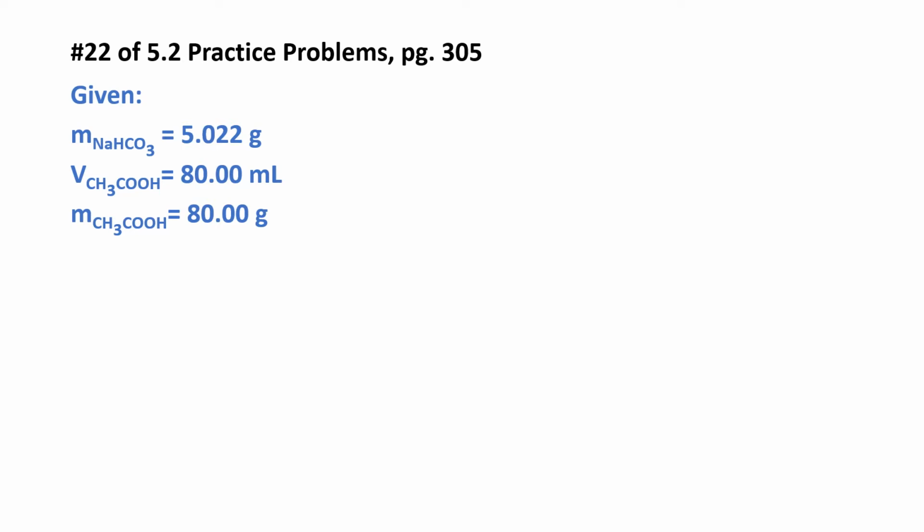So 80 mL of water would weigh 80 grams, and then 80 mL of this dilute acetic acid solution would weigh 80 grams. We are also able to calculate delta T, which is the final temperature minus the initial temperature. That's 28.4 degrees Celsius minus 18.6 degrees Celsius, which gives us 9.8 degrees Celsius.